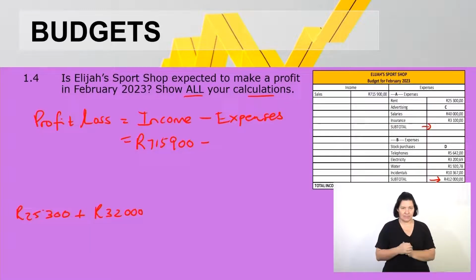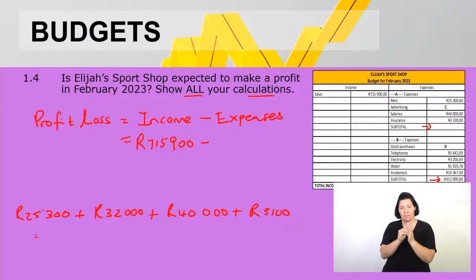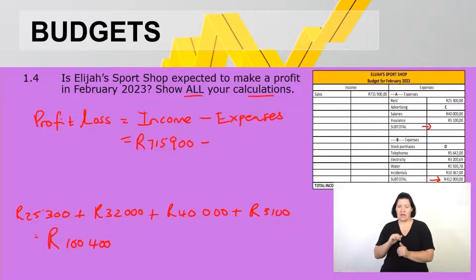So I'm going to add the 32,000 plus the 40,000 plus 3,100 rand for the insurance to see what my subtotal will be. So that will take us to 100,400 rand. That will be the subtotal for your fixed expenses.